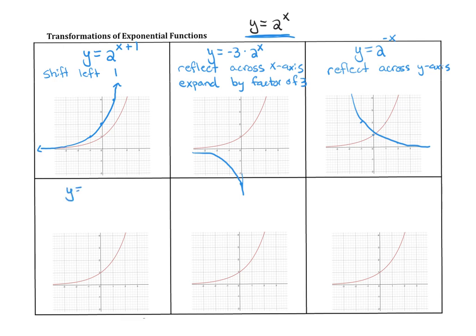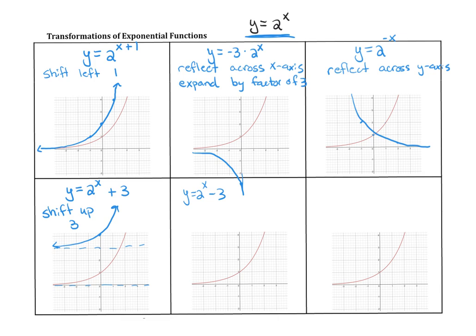Next one, y equals 2 to the x, and then at the end is plus 3. That is going to shift this asymptote that's at 0 up to 3, so just shift all of your points up 3. The next one is very similar: y equals 2 to the power of x minus 3.